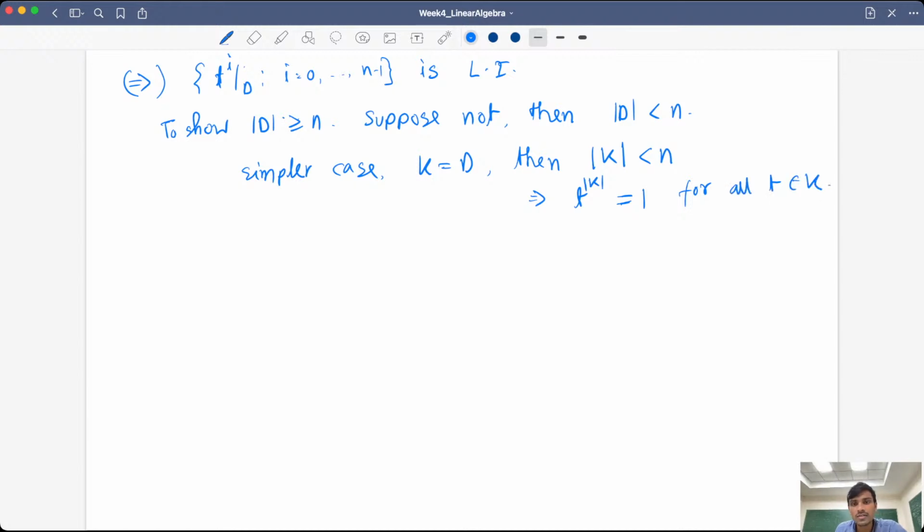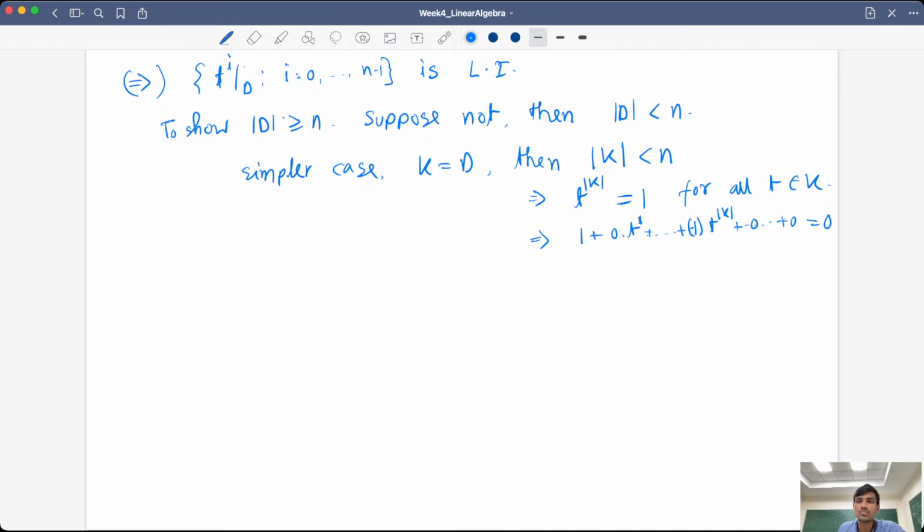So in particular, one function is 1, another function is t power mod K, these two things. So I can write this simply as 1 plus all the terms up to t power 1, all the way up to, at some point, minus 1 into t power mod K, and plus all the others with coefficient 0 times this thing, equal to 0, right?